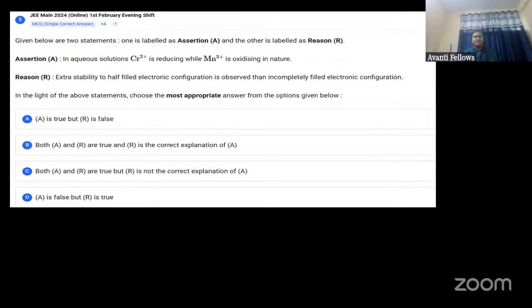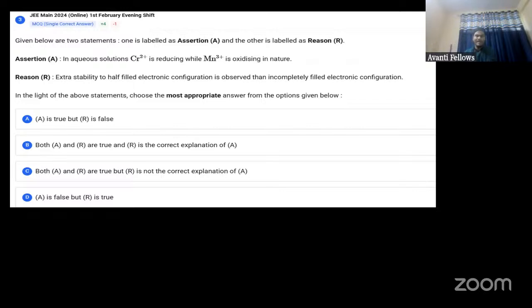Now the next question is assertion-reason type. Given below are the two statements. One is labeled assertion and the other is the reason. The assertion is: in aqueous solution chromium +2 is reducing while Mn +3 is oxidizing in nature. Is this correct? Reason: extra stability of the half-filled electronic configuration than the incomplete filled electronic configuration. In the light of the above statements, you have to select the correct option.